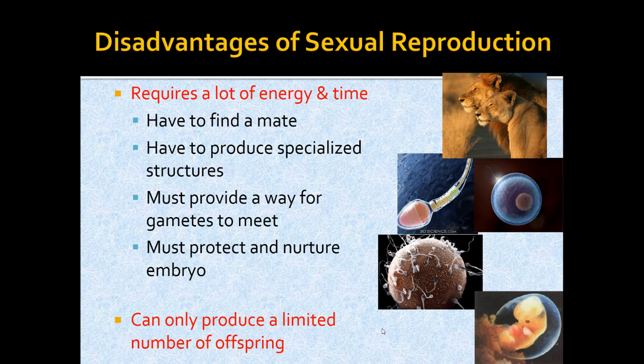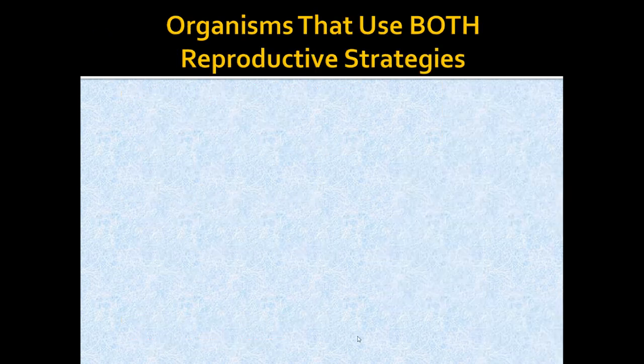Like elephants, a pregnant elephant will carry the embryo for about 2 years before the mom will give birth to that baby. So imagine the amount of time to just give birth to one baby, right? That's why sexual reproduction takes a lot longer.